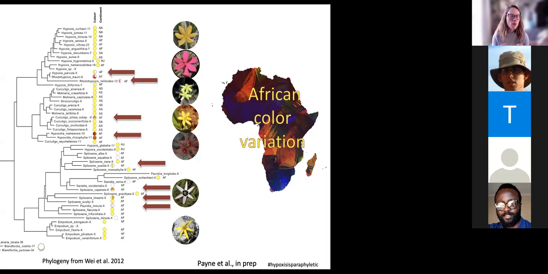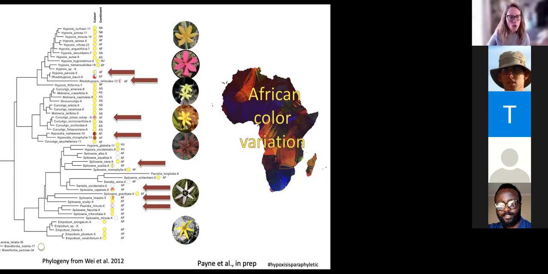Every one of these arrows highlights a species where there is more than one color of individuals within the species. This can be populations that are polymorphic or monomorphic populations as well. So it does highlight that particularly red and pink flower color does arise multiple times within the family.